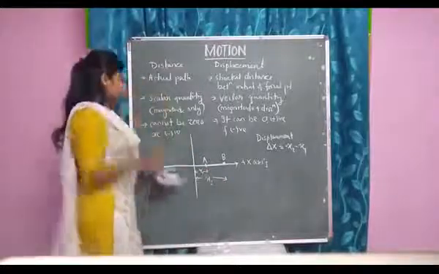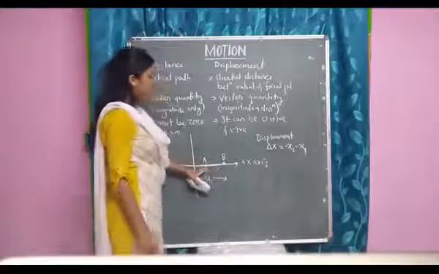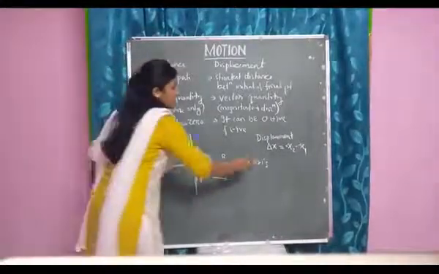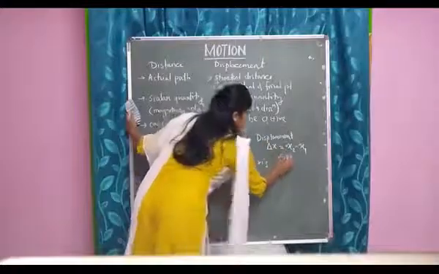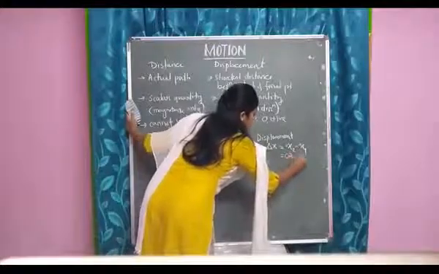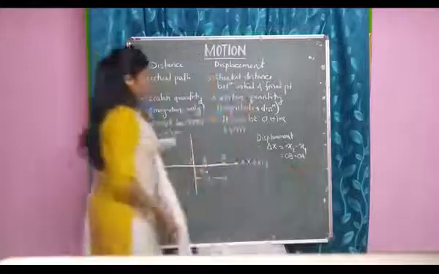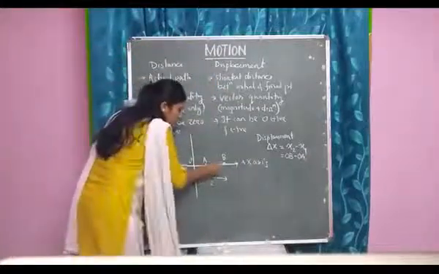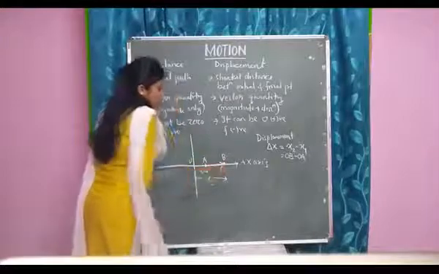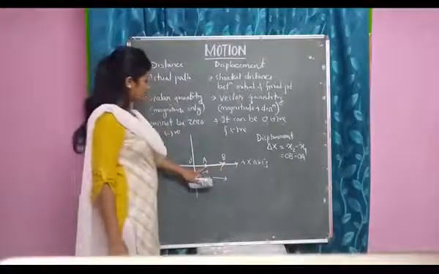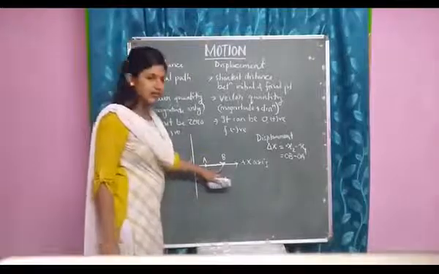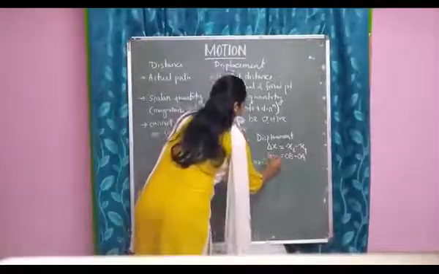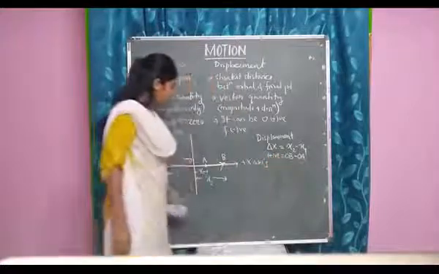With O as the origin, the displacement will be OB minus OA, and since the body is moving along the positive direction, it will have a positive value.